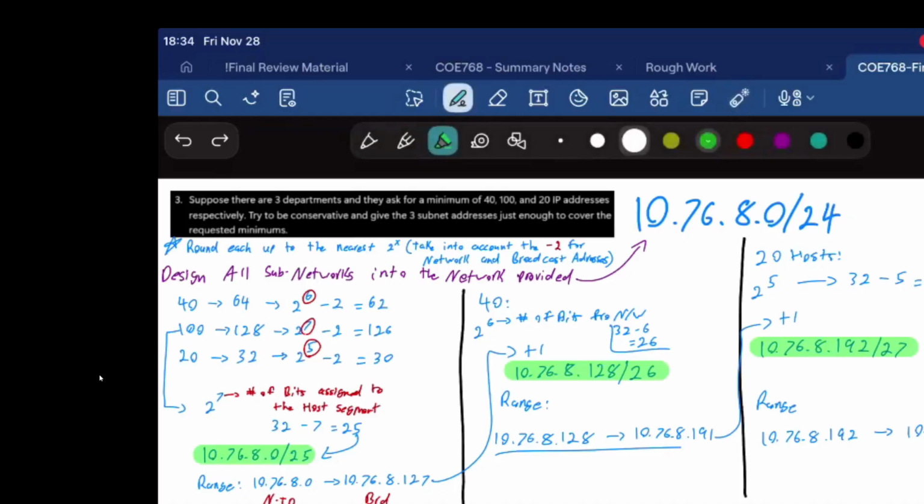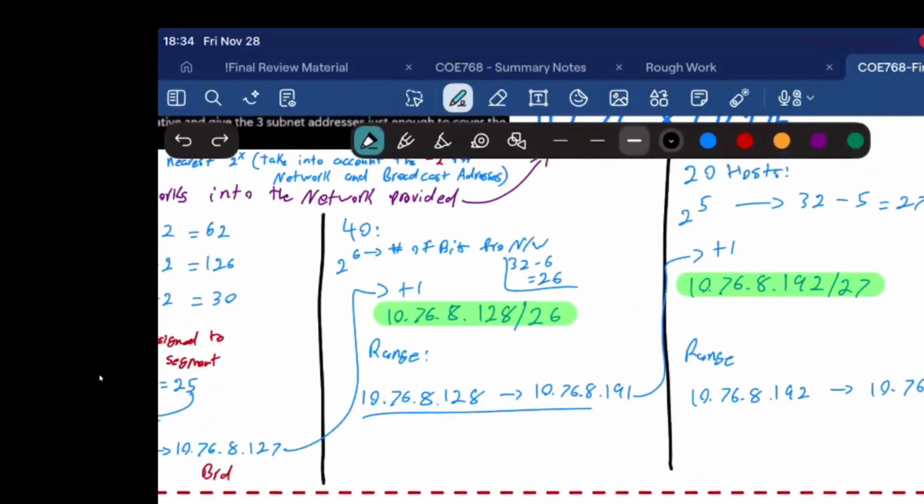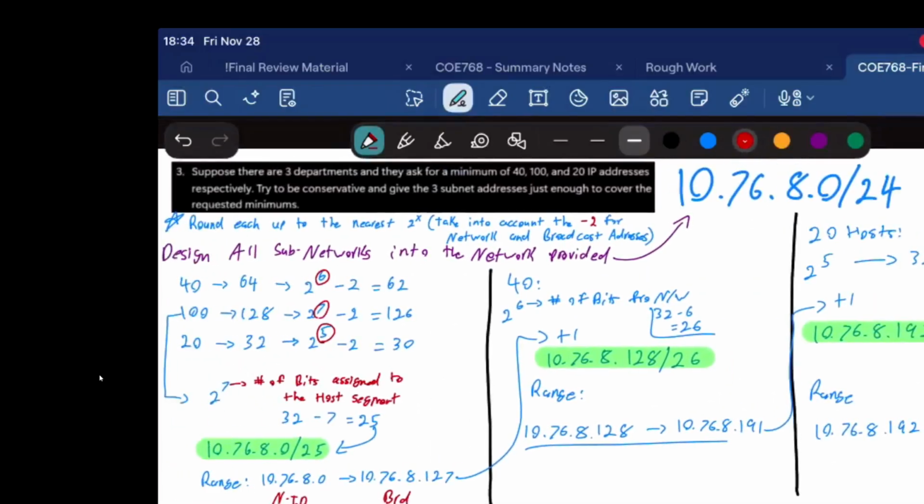If I were to visually just quickly draw this out, let's say we have this range vertically, this is 255. The first subnet that we designed is 128, which is for the 100. That would take up half of the network that we have, so that's kind of easy to visualize.